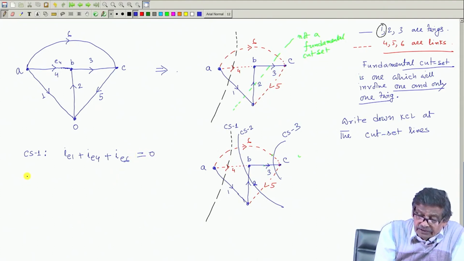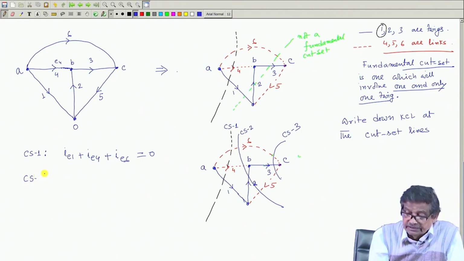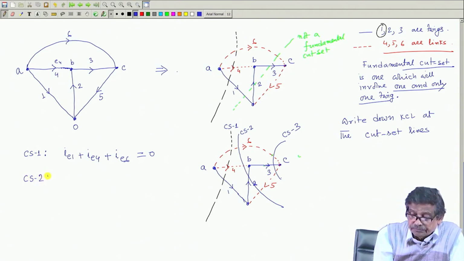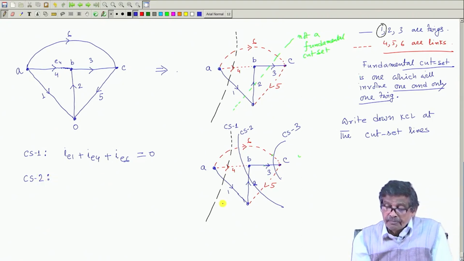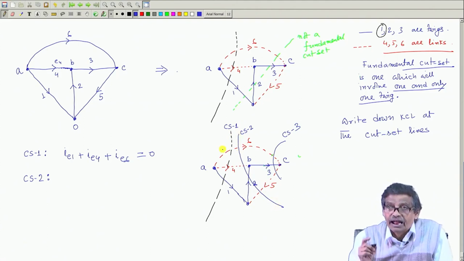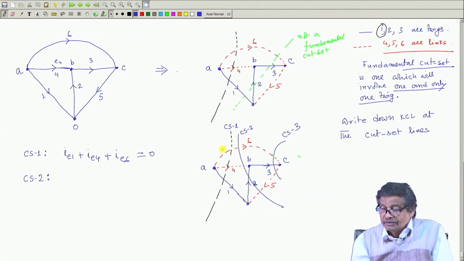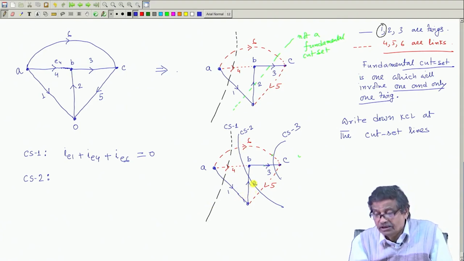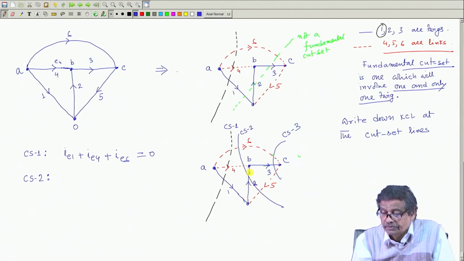Go to cut set 2. Cut set 2, yes. Here I will apply once again KCL at this cut set, at this line, not at the nodes. What will it be? Which twig is present in this cut set? Only 2, that is twig 2.